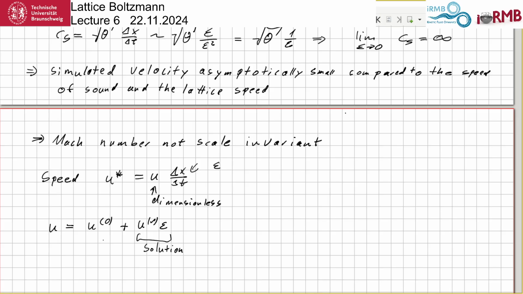Because most numerical methods would use the zero order, the one that is constant, as their solution. But here we use the first order, plus now second order, epsilon squared, and so on. And these things here are the error.